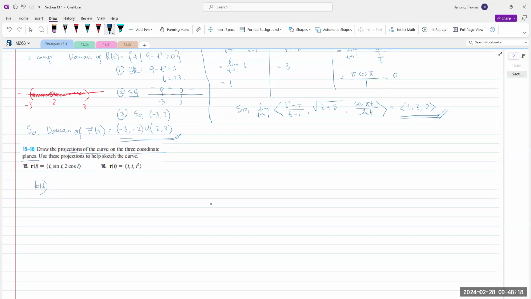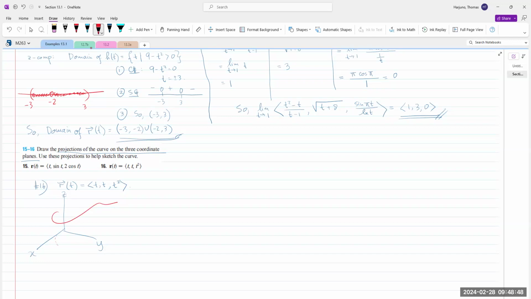Okay, number 16. We have r(t) equal to that, right? Now, when we say we do projection on the 3 coordinate planes, it's basically as follows. We have the XY plane, the XZ plane, and the YZ plane, right? If you have a curve in 3 dimensions, let's say the curve looks like this, then you want to see, for example, what is the projection of this curve on the ground?